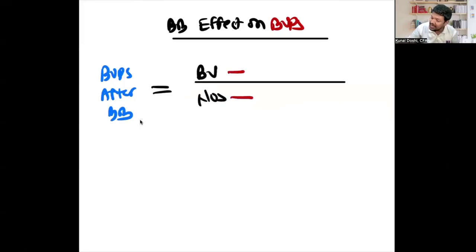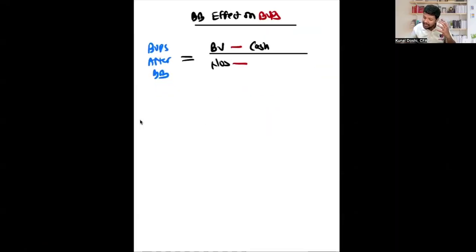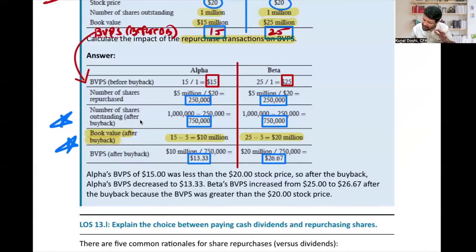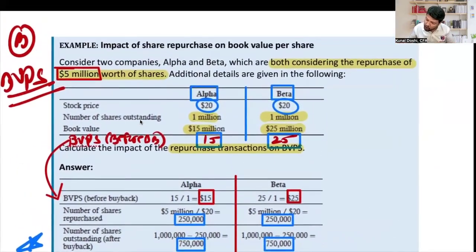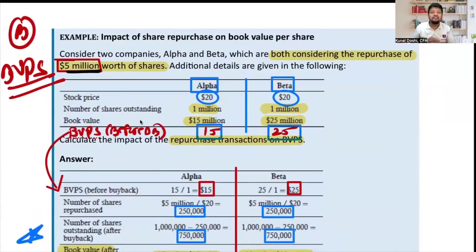But then there is the amount that I'm going to buy back, the cash that I will pay, or the number of shares times the price at which I'm going to buy back. In this case, I'm going to do a buyback of $5 million.